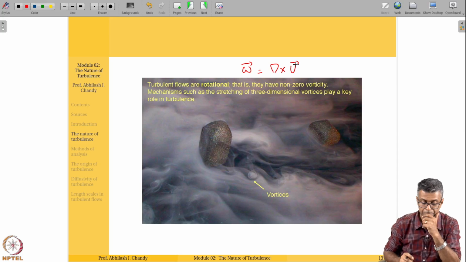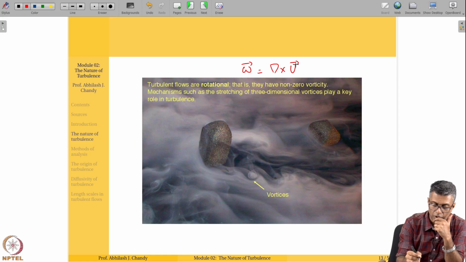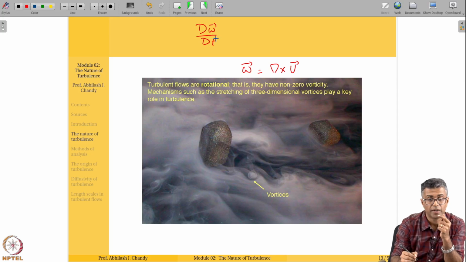What do I mean by that? I'll consider the vorticity transport equation, and we'll talk about this in more detail later. I have D omega by Dt, where I'm using capital D, the total derivative or the substantial derivative, equal to omega dot del u, where omega is a vector, plus nu del squared omega.